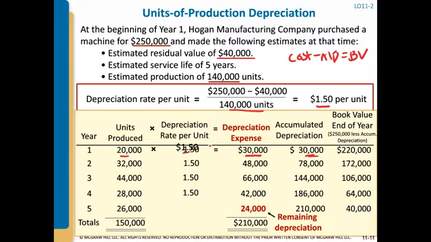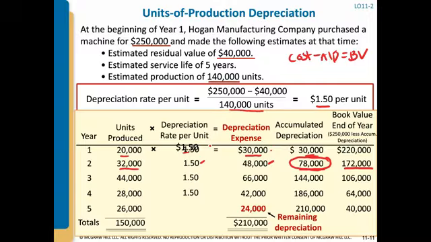Year two, right? Now we just look at the units produced in year two, and the problem tells us it's 32,000. Our depreciation rate per unit is $1.50, so our year two depreciation expense is $48,000. Then our accumulated depreciation in year two is going to be our year one plus our year two depreciation, so it's 78,000, and the book value at the end of year two is going to be your 250,000 minus your accumulated depreciation of 78,000.